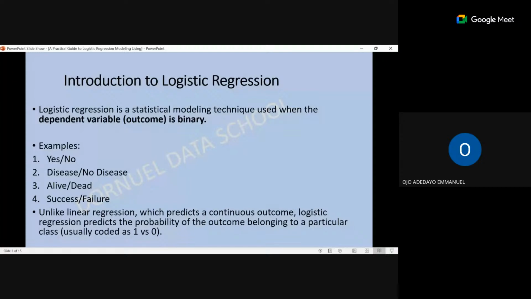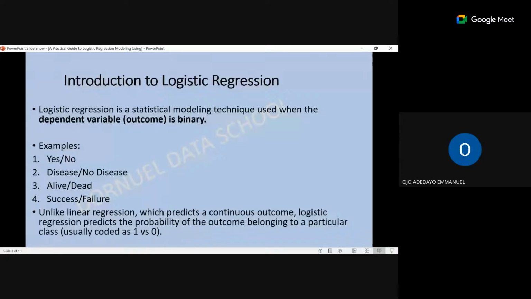So anytime you code it as 1, it means that that person is going to score above 80% in that exam. So that is the probability of scoring above 80% in the exam, and then 0 means that he's not going to score up to 80% in the exam.